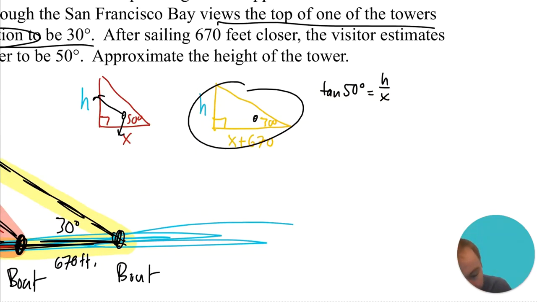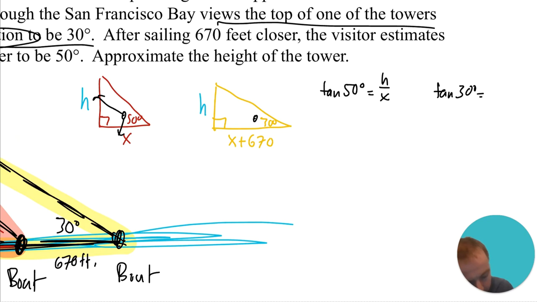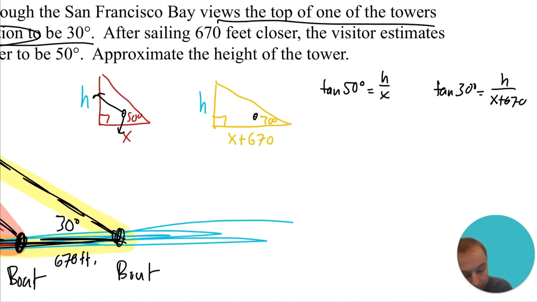But then from the other triangle, we could do the tangent ratio of the 30-degree angle and get h over x plus 670, right? So solving this one for h alone, x times tangent of 50 degrees would equal the height of the Golden Gate Bridge, right?